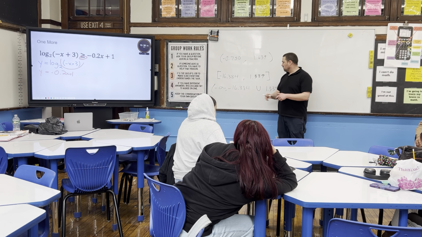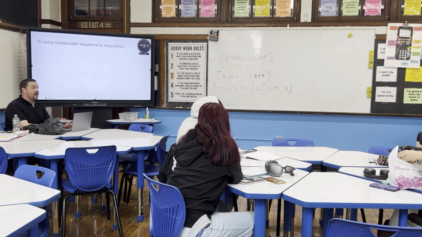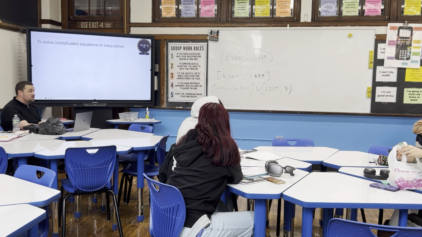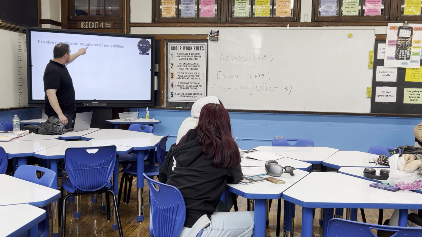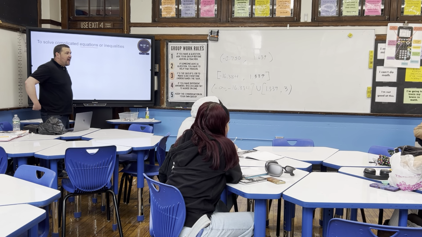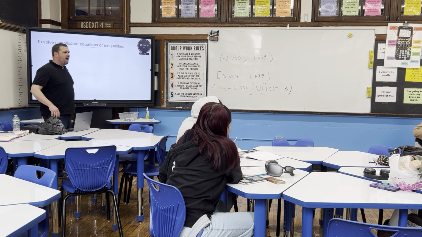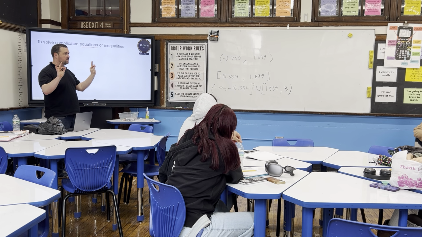And we can kind of summarize this. I'm going to leave this on the board for a little bit so you don't have to write it down right now. But just to summarize, you're trying to solve a complicated equation or inequality. Notice, I included equations here. If you were asked to solve a complicated equation, the only difference is you're not looking for intervals. You're just looking for the intersection points. Okay?